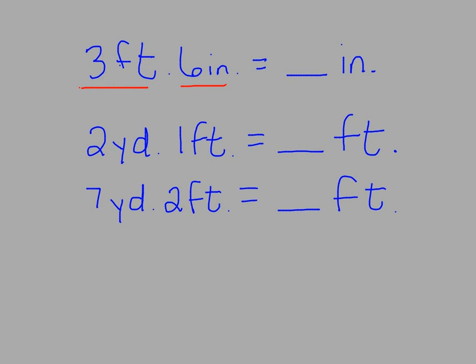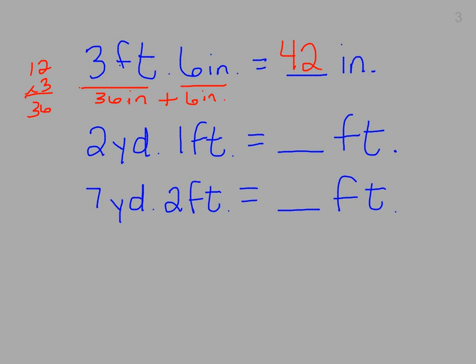Feet to inches means bigger to smaller, so we'll be multiplying, because every time you go from a bigger unit to a smaller one, you multiply. There are 12 inches in every foot, so we'd say 12 times 3, and that's 36. So we just changed this to 36 inches. Then we have 3 feet is 36 inches, and the 6 inches is still there. So we add those together and get 42 inches.